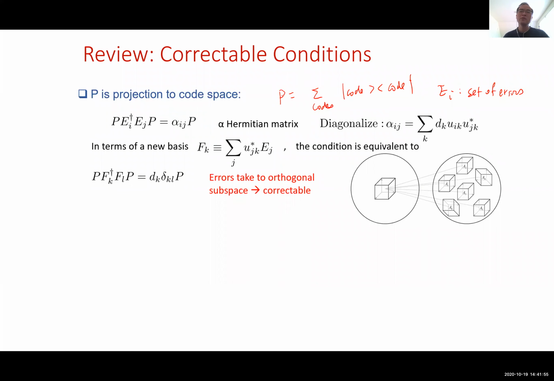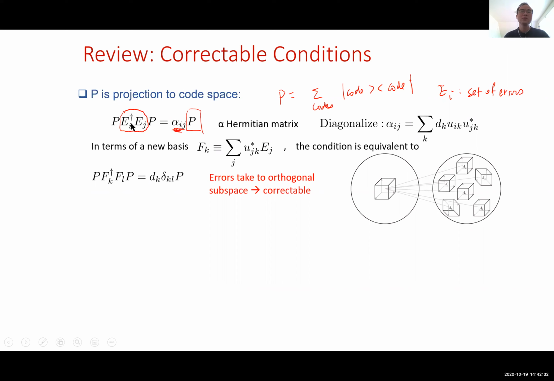For a given code and a set of errors, the error can be corrected if it satisfies this condition. Meaning the action of the two errors, E_i dagger and E_j, if they get projected to the code space, it's still proportional to the projector, and there may be a coefficient that depends on i and j. And this is the condition that these errors can be corrected.